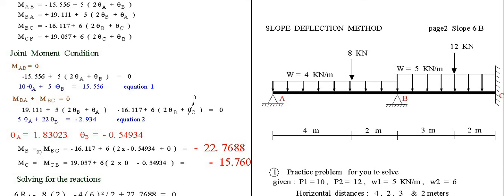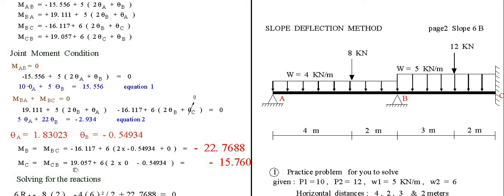The true moment at B is the BC here on the right, minus, and the moment at C is equal to CB, but change in sign.